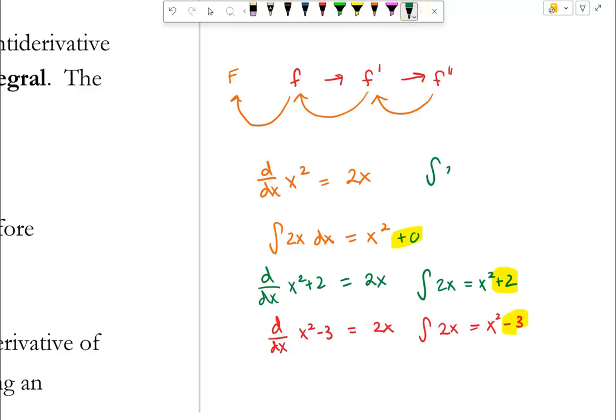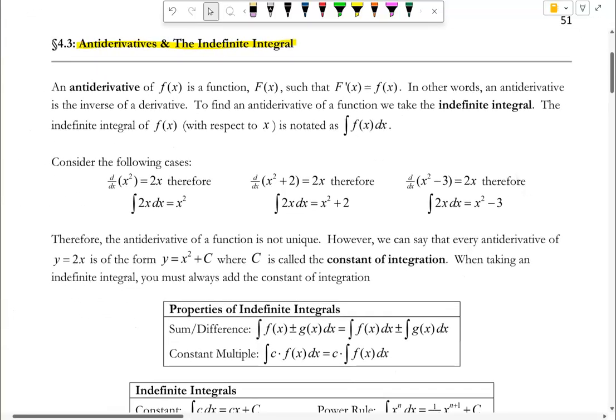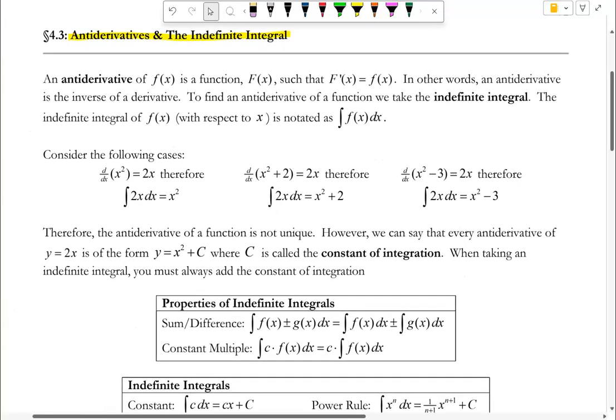The antiderivative of 2x generally is x squared plus c, where c could represent any constant. c could be 0, c could be positive 2, c could be negative 3, since I know that taking the derivative of a constant, I get a 0. So it's really important that anytime we're finding an antiderivative, or evaluating the indefinite integral, we always add a constant of integration.